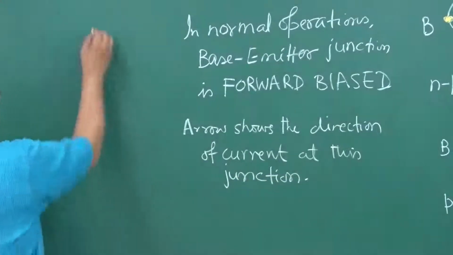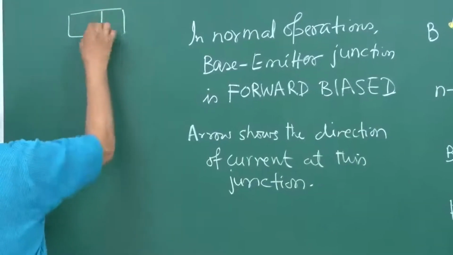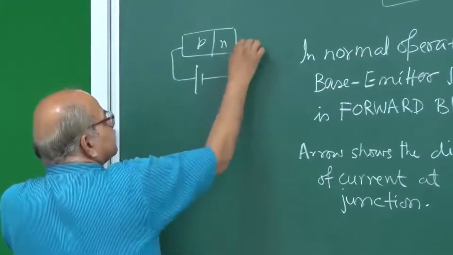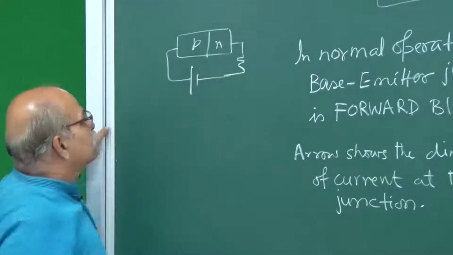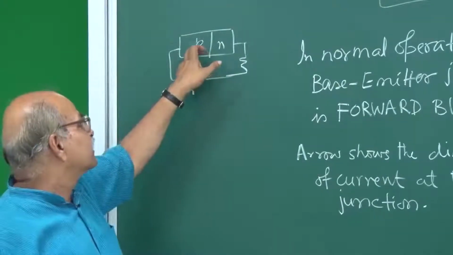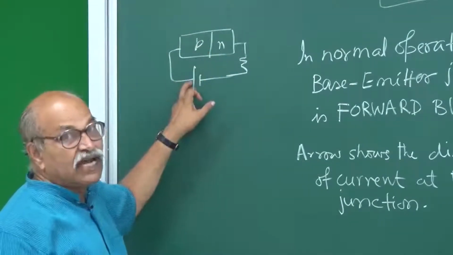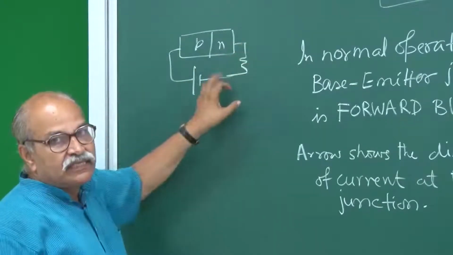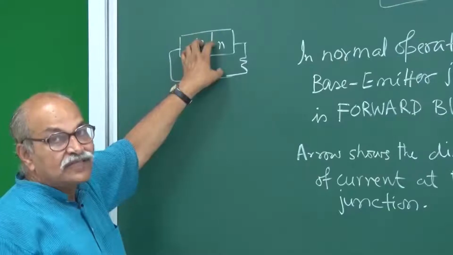So if you have a PN junction and you forward bias it, the P side is connected to the positive of the cell or higher potential, and the N side is connected to the lower potential. This is forward biasing. And how does the current flow?